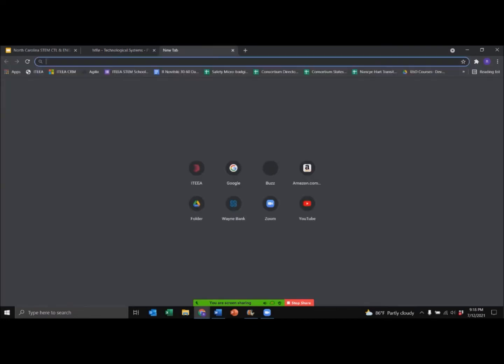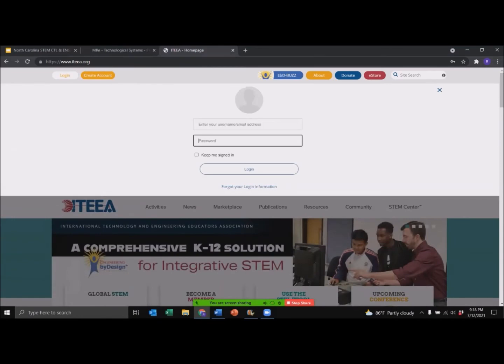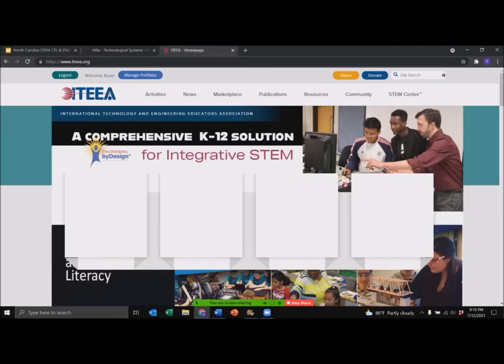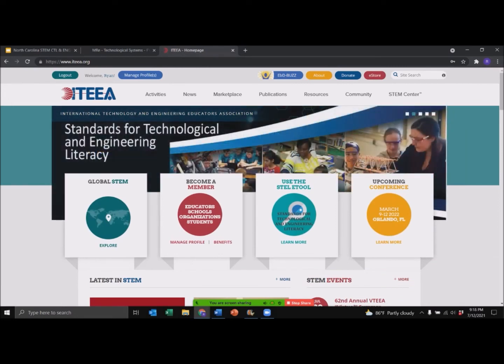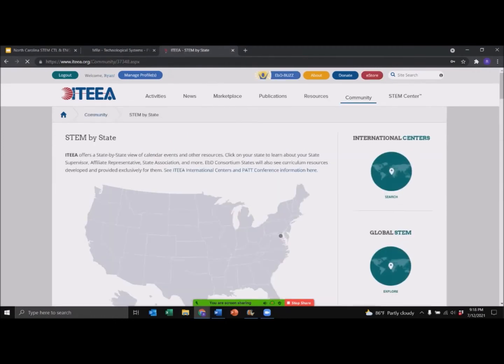In order to get access into our learning management system, and again, being a consortium state, you have the opportunity to get access at either a free cost paid by your state, because there are licenses already pre-purchased, or there are discounts for your school. Well, how do you access it? Global STEM, STEM by state, left click on your state.